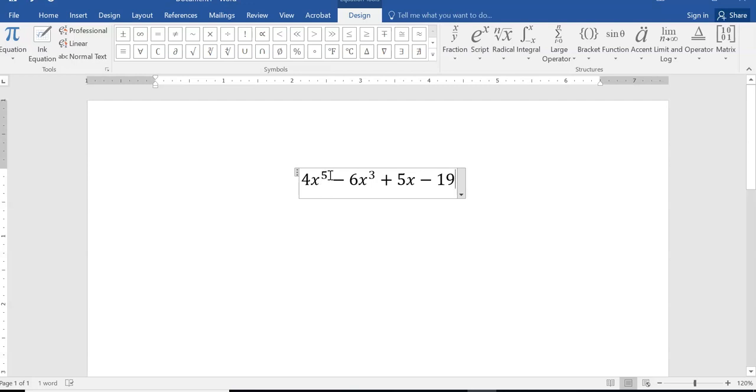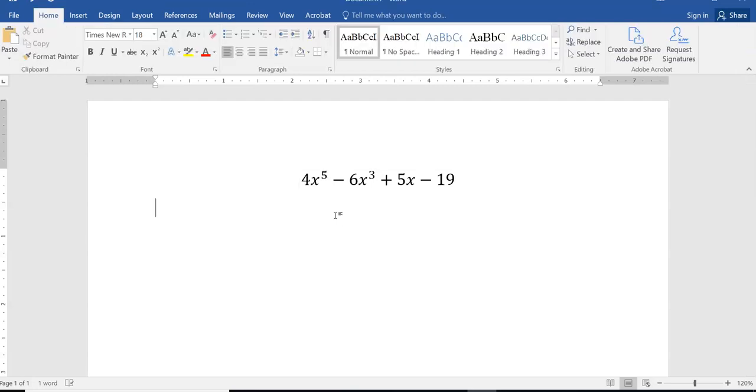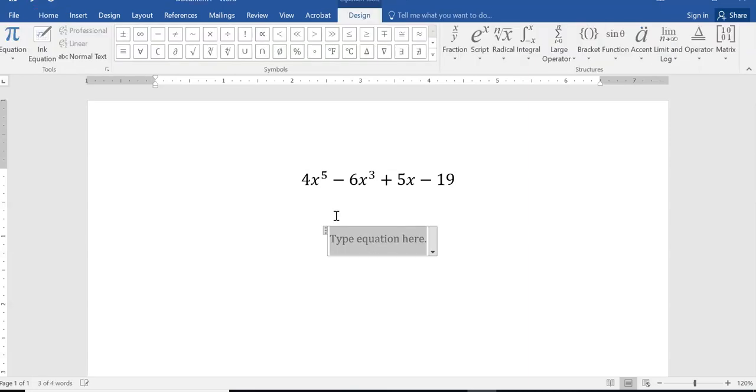And we have exponents. Now, these numbers, these coefficients here in front of our variables, they can actually be anything we want them to be. So, for instance, if you did 8/3 times x to the fifth, that would have also been a fine term to have in your polynomial. So it's okay to have fractions in your polynomial.